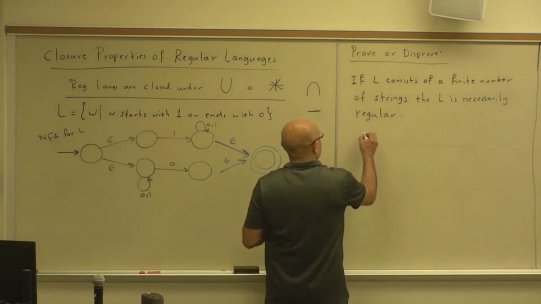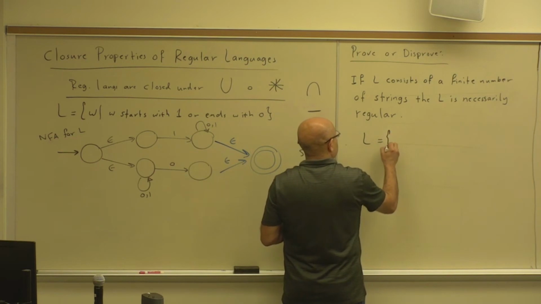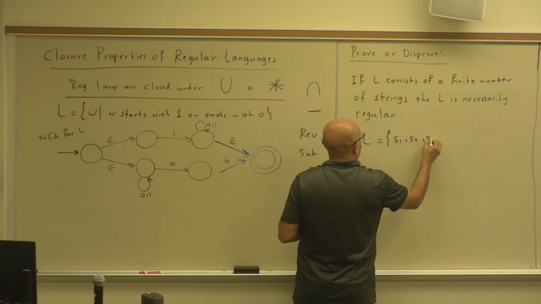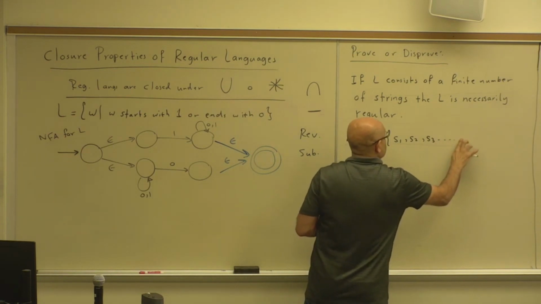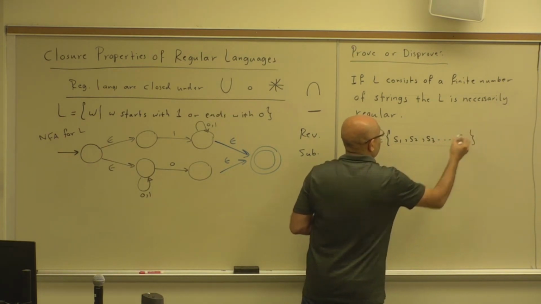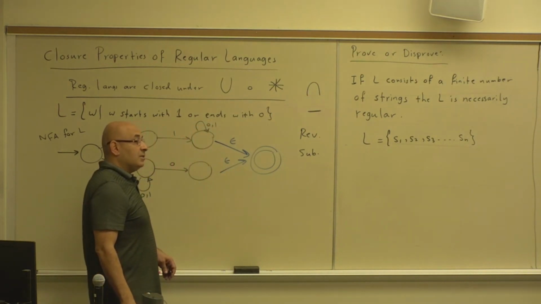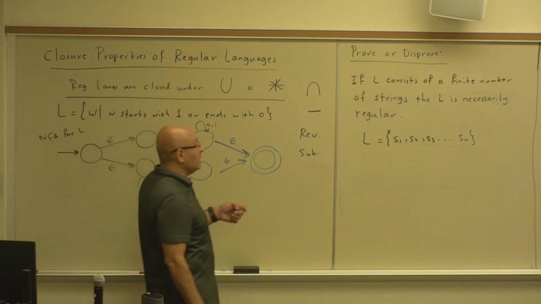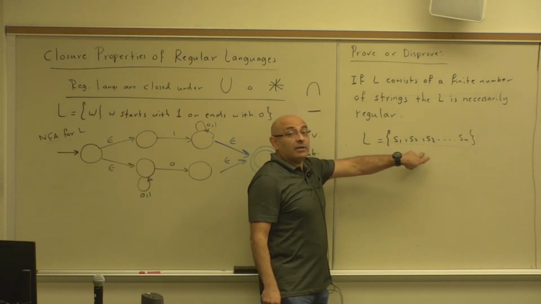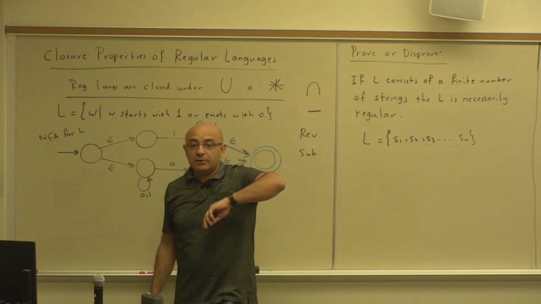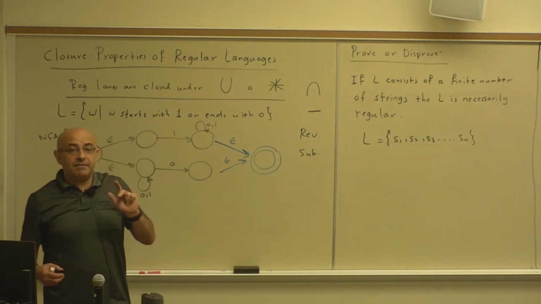So if you have L that consists of S1, S2, S3 through Sn, now there is a finite number of strings in it. So you can show this using an NFA. In fact, you can easily construct a regular expression. In order to show that a language is regular, you can give either a DFA or an NFA or a regular expression.